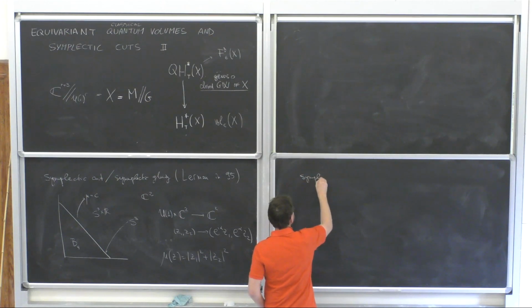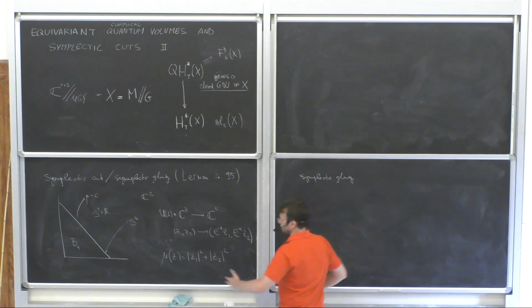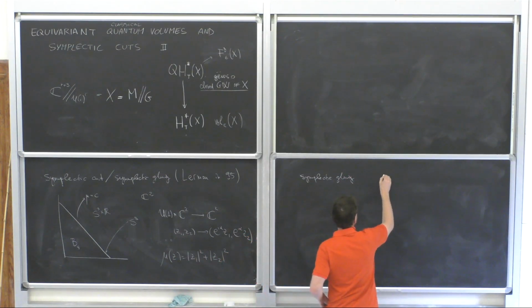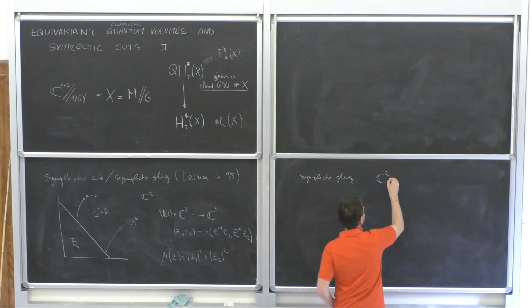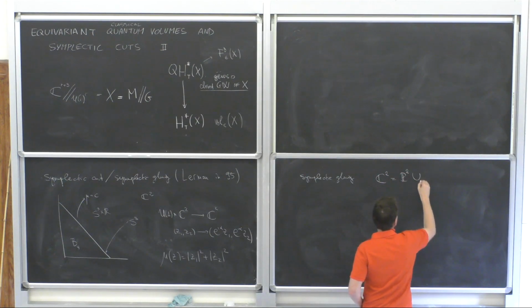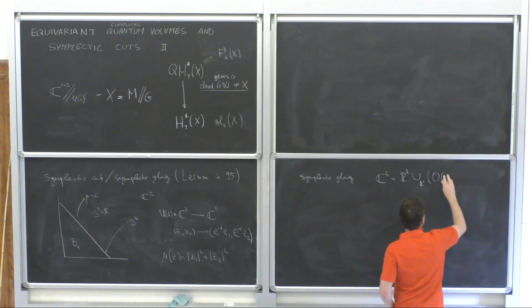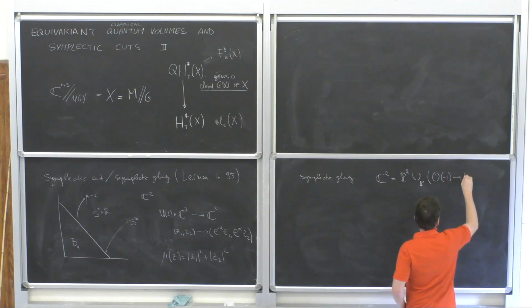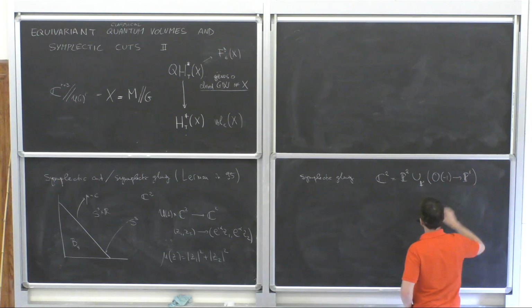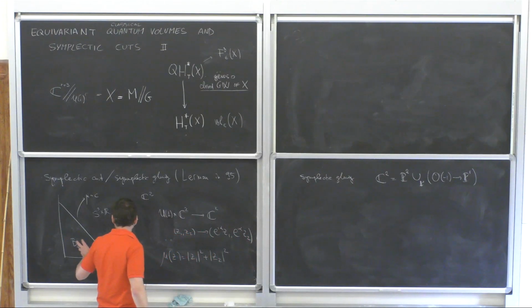My symplectic gluing, which is very obvious at the level of toric diagrams, will be the following. I would like to represent C2 as a gluing of P2 blown up at a point, that is P2 ln of P1, with O minus 1 over P1. So how would I do it?